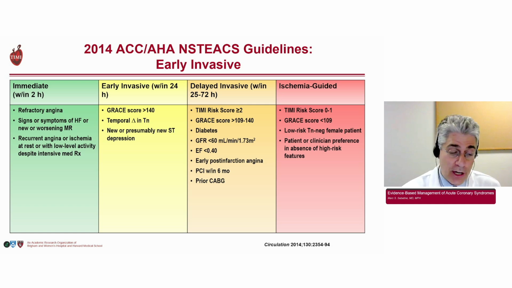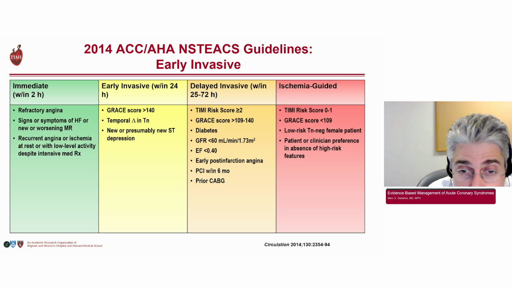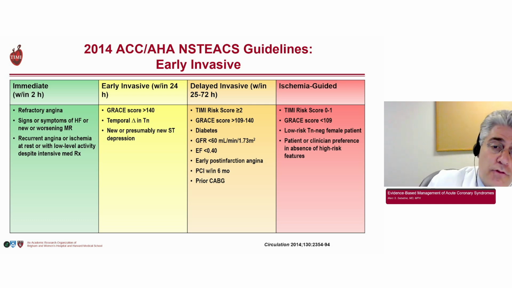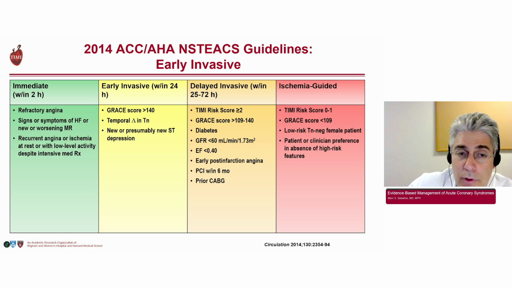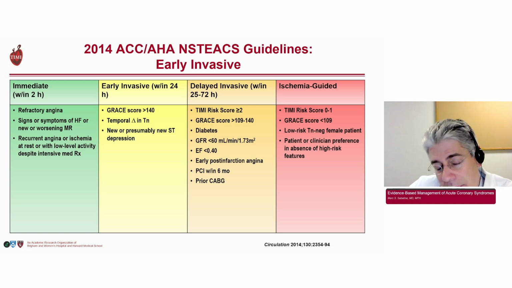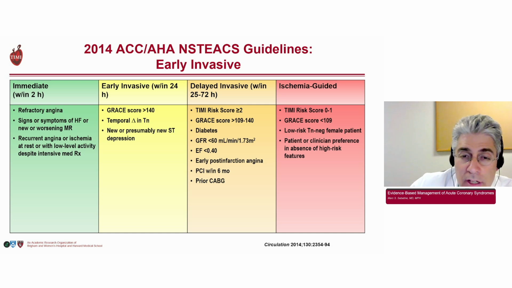Otherwise, if they don't have refractory angina, don't have heart failure, then you risk stratify them. And so for patients who come in with an elevated troponin, ST segment depressions, we will cath them, an early invasive approach, typically within 24 hours. For patients whose ACS presentation isn't that hot, if you will, they don't have ECG changes or an elevated troponin, but they're a high-risk patient.